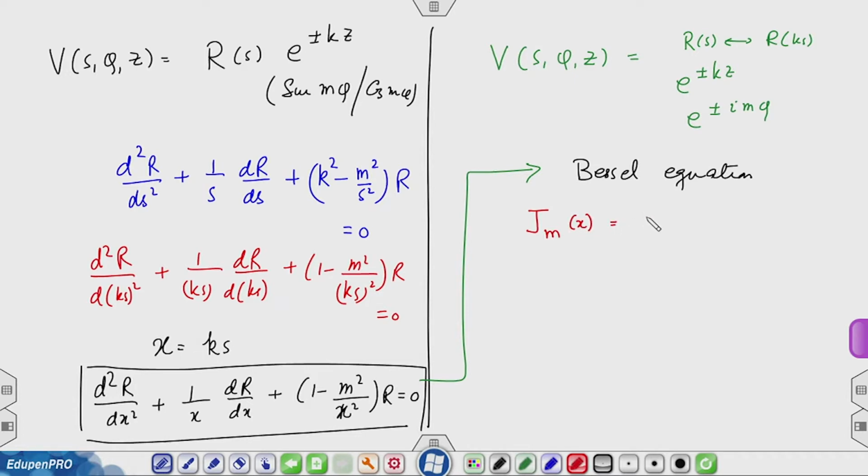which by series solution come out to be (x over 2) raised to m, summation over j, (minus 1) raised to j over j factorial (j plus m) factorial, (x over 2) raised to 2j.